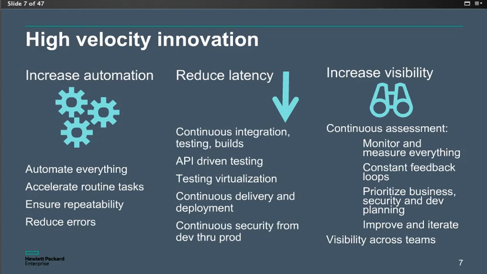Therefore, I'm not sure where we stopped, somewhere in the slide on high velocity innovation: increase automation, reduce latency, and increase visibility as key factors for DevOps adoption.